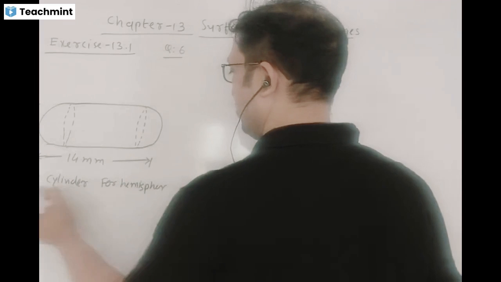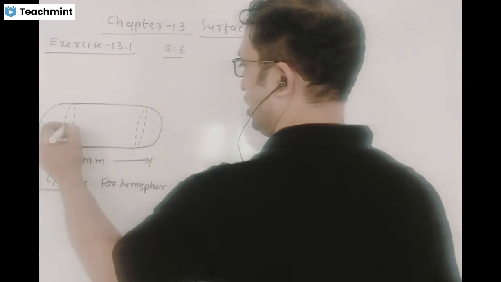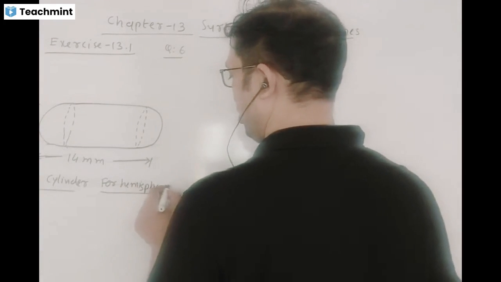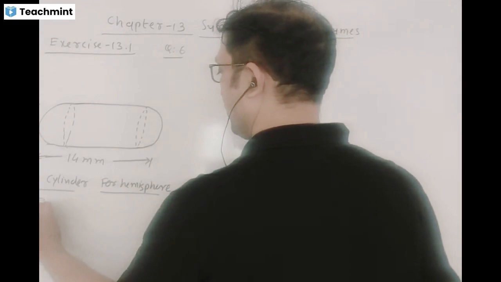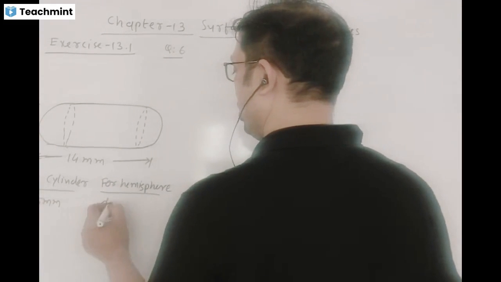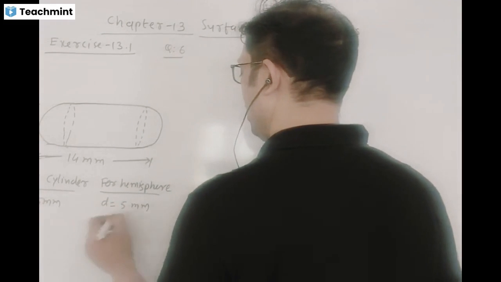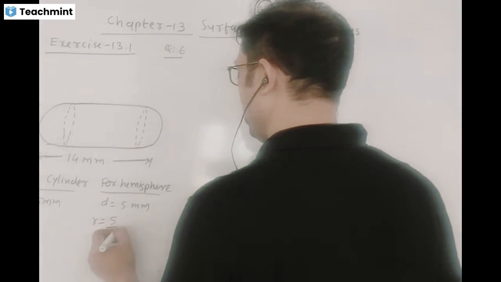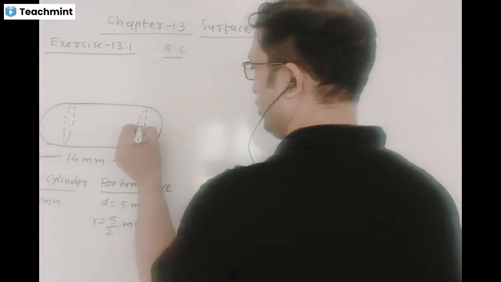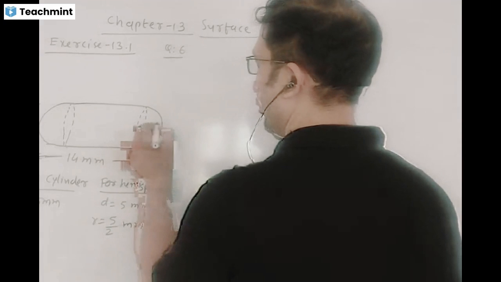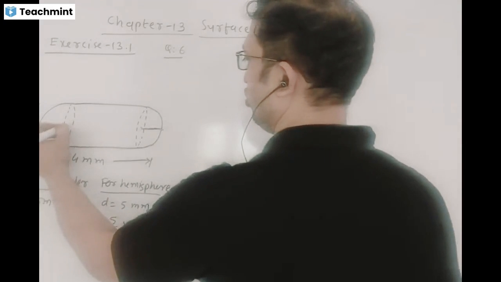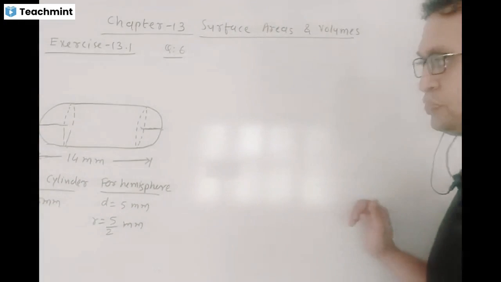For the cylinder shape, both diameter is 5 millimeter. Therefore, radius of the hemisphere is 5 by 2 millimeter. Both are radius of the hemisphere.